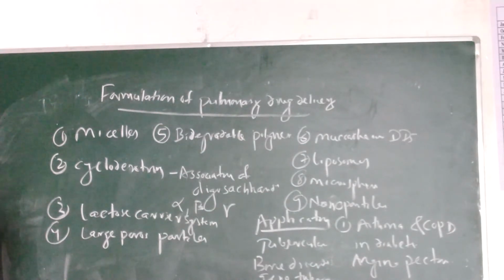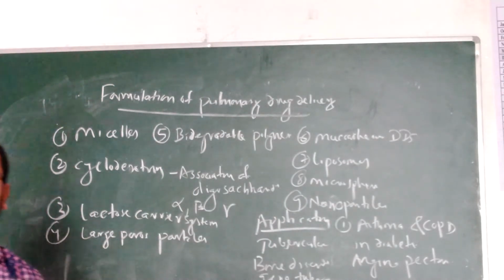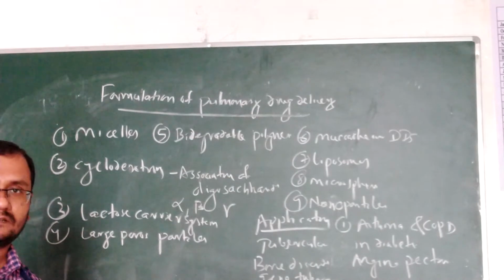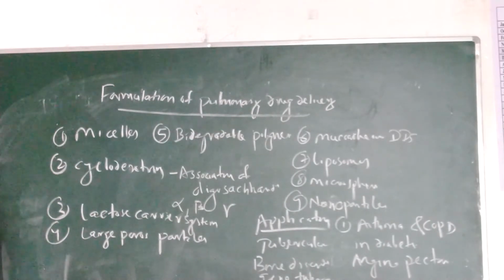And the next one is the large porous particle. A large porous particle is a new aerosol formulation, a large porous hollow particle. It has a trademark brand name, Pulmospheres, which has low particle density and excellent dispersibility, and it can be used for both MDIs and DPIs. This type of formulation can be made with or without a polymer.